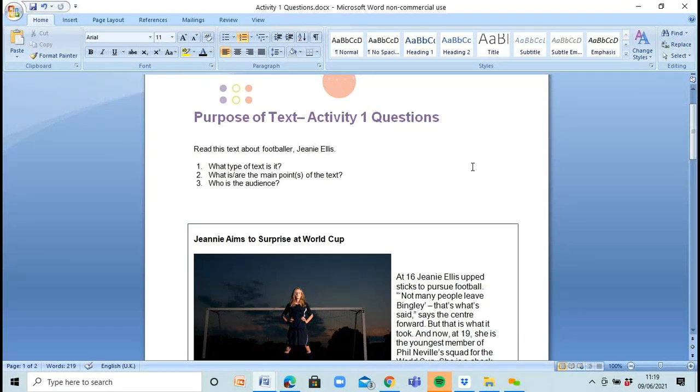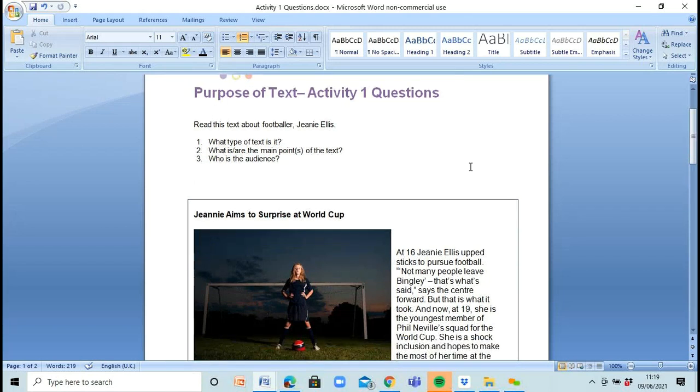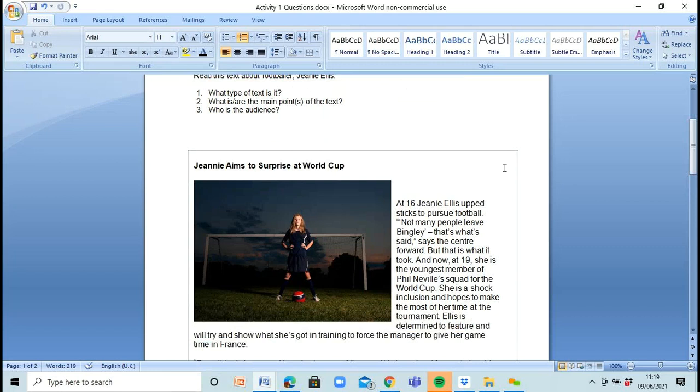Now, we're going to read this text about a footballer called Jeannie Ellis. We're going to look at what type of text it is, what the main points of the text are, and who the audience is. So I'm going to read this now. Jeannie aims to surprise at World Cup. At 16, Jeannie Ellis upped sticks to pursue football.